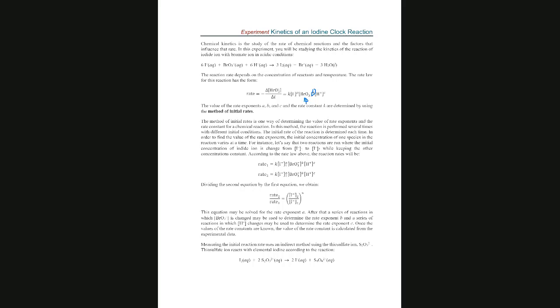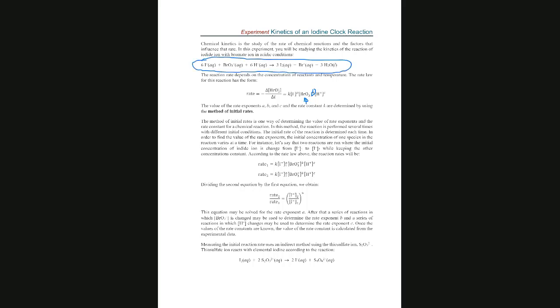Okay, so let's go over how we are going to measure the initial rates. We use an indirect method. If we look at this reaction here, just to understand the whole picture, we are trying to find out the kinetics of this reaction, right?